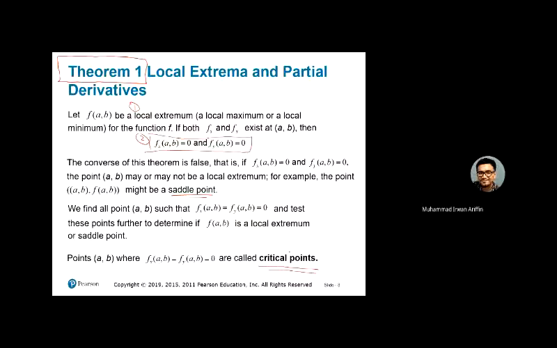Since we don't know the nature of these points, we need to do a second step here, we need to test. Number one, we need to locate. Number two, we need to test. After we have located all the critical points, we need to test whether the critical points are local maximum, local minimum, or saddle point.